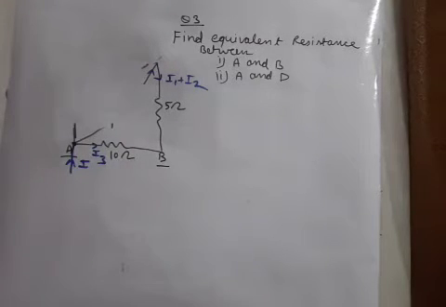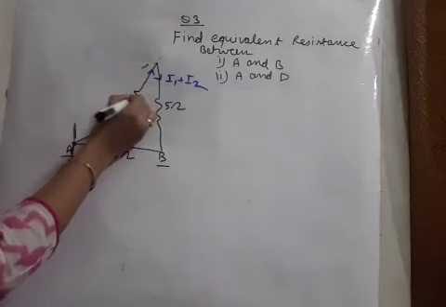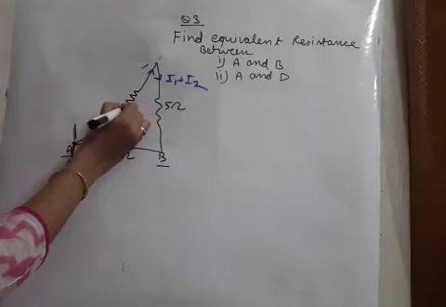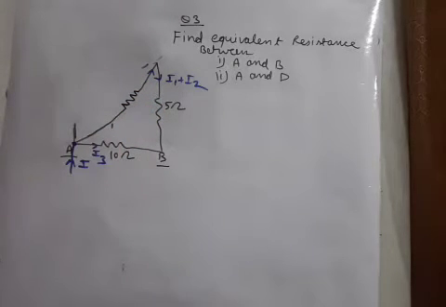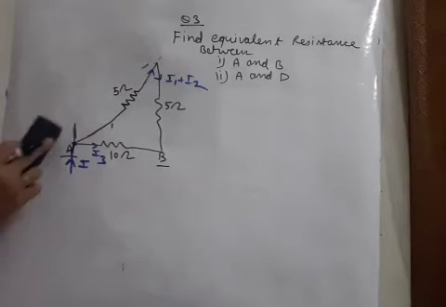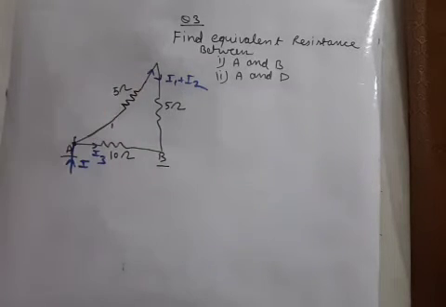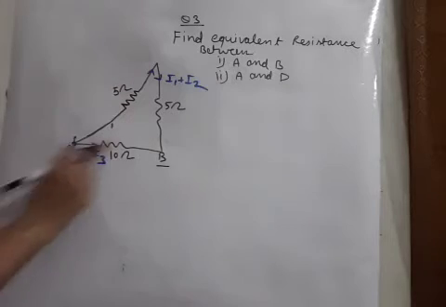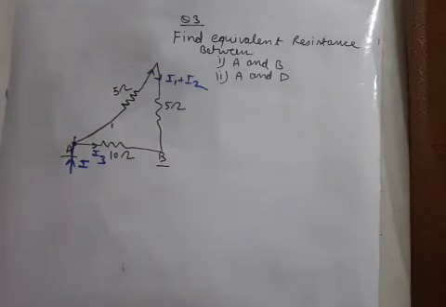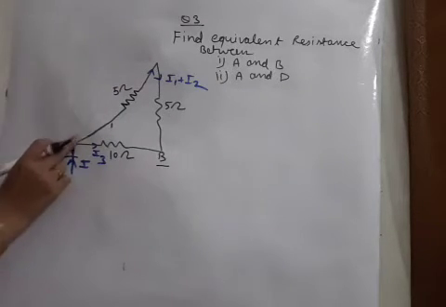So let us replace the two resistances by a single resistance of 5 ohm. That means still here we have solved. Now we have only this triangle shape left. We have to continue taking the current in the same manner.